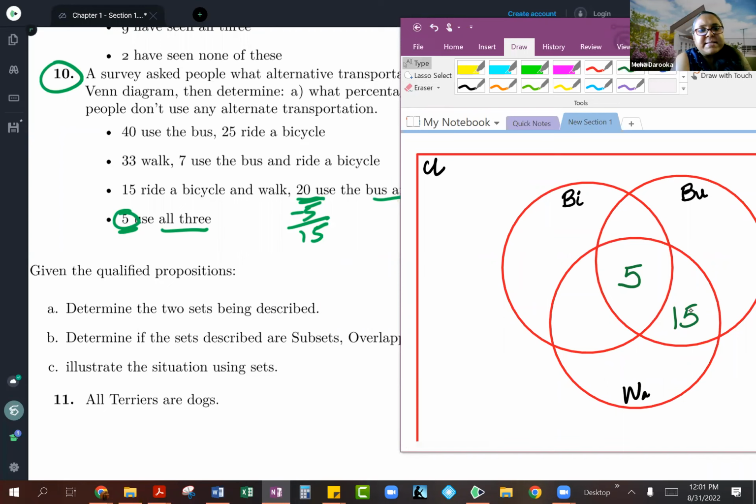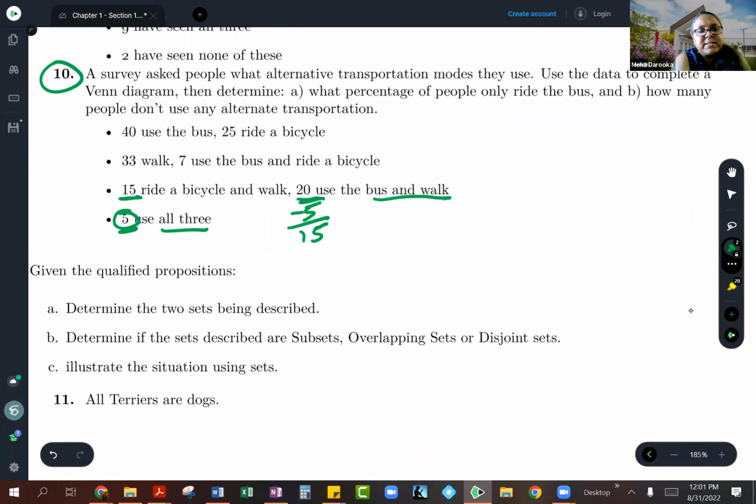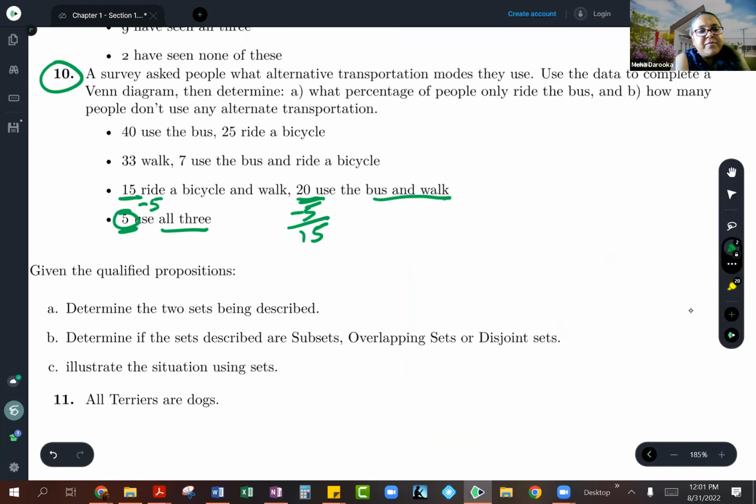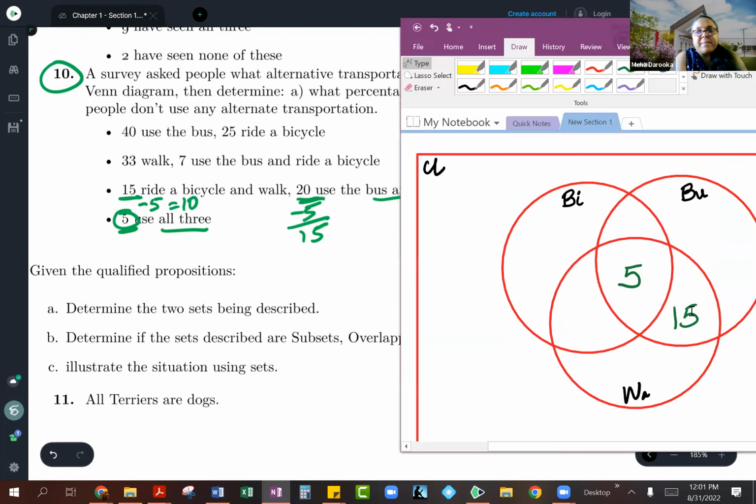Riding a bicycle and walking, they told us 15. So same thing, since we know 5 do all 3. Again, we subtract 5 from this. So that means you are only looking at 10 people who are using the bike and walking. So bike and walk would be this guy here. Are they telling us anything between a bicycle and a bus?